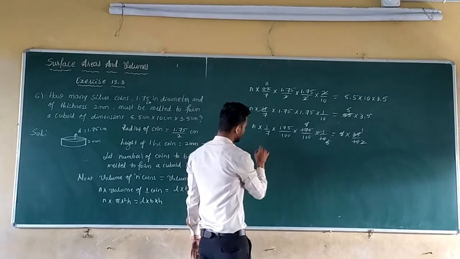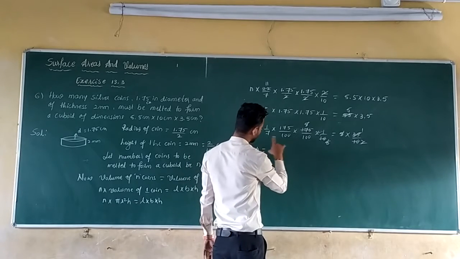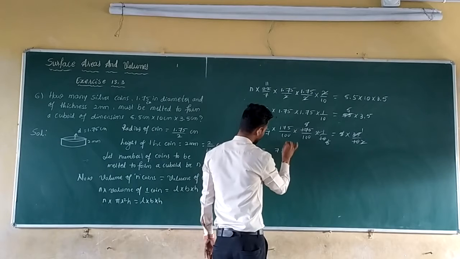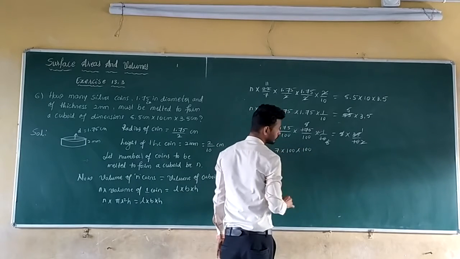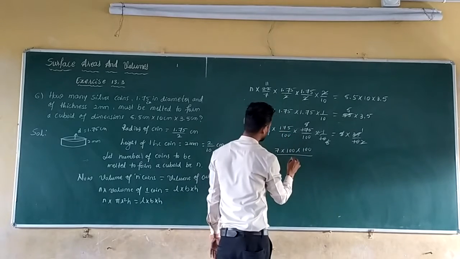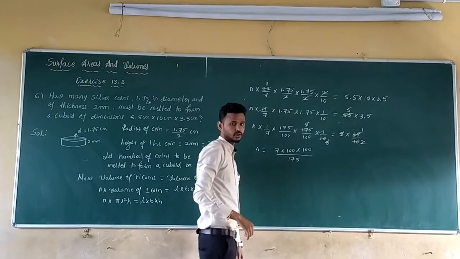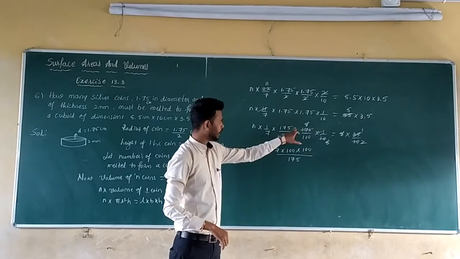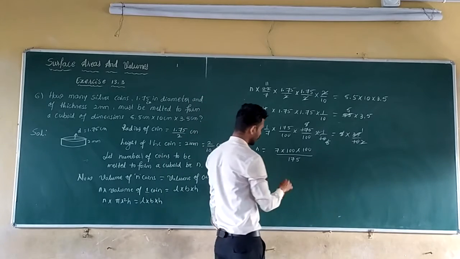So whatever remains, take to the RHS now. Whatever remains in the denominator, 7 into 100 into 100 divided by 175. Take this to the RHS, that will become multiplication, and take 175 to the RHS, that will become division. Now divide.